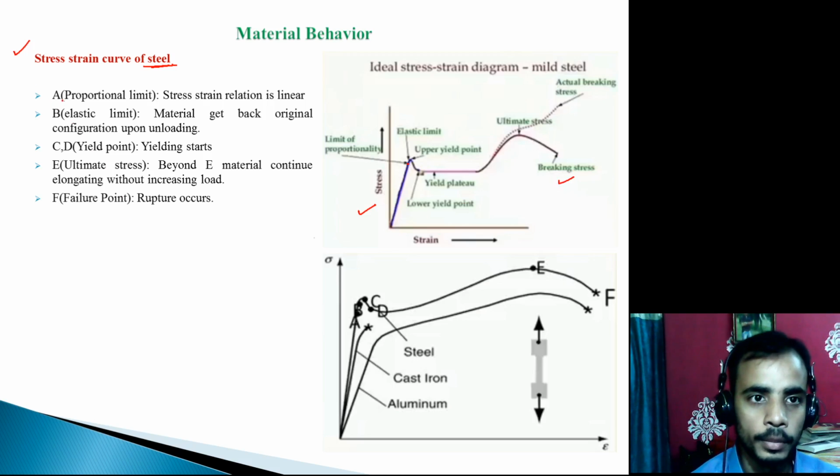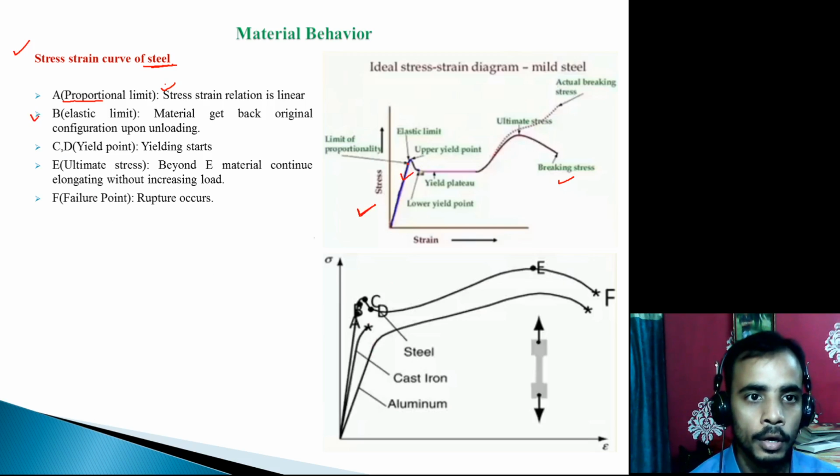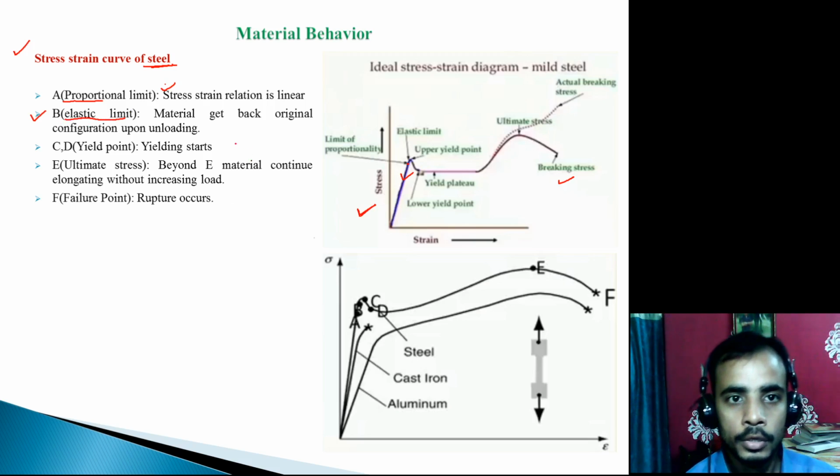So A is called the proportional limit, that means the stress strain relation is linear. So up to this limit the stress strain relation is linear, so this is a straight line. Now B is the elastic limit. The material gets back its original configuration upon unloading.